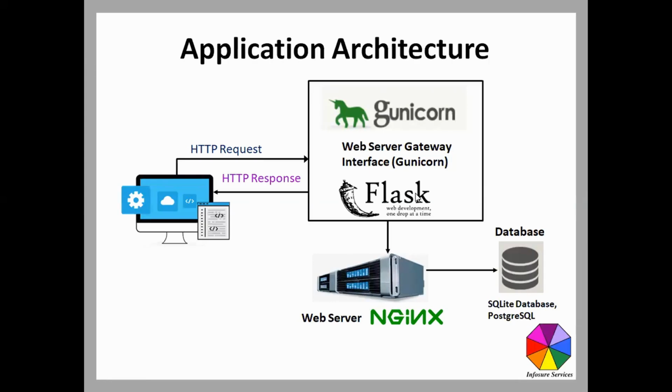And this, what you see, Nginx, is deployed as a reverse proxy. On one side, a lot of requests are coming from the client. Not everything can be handled by the web server.